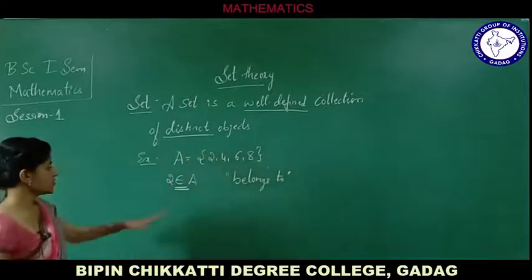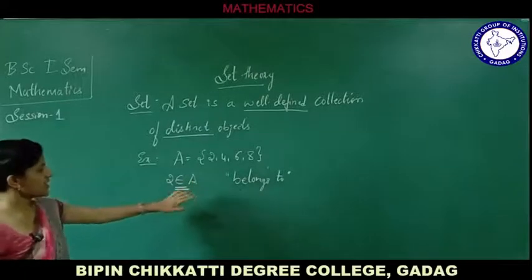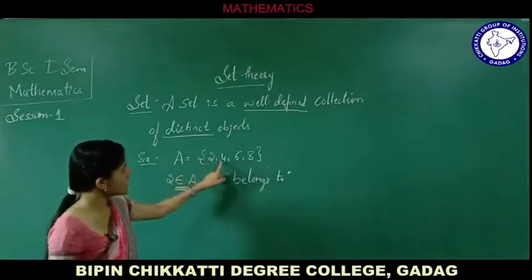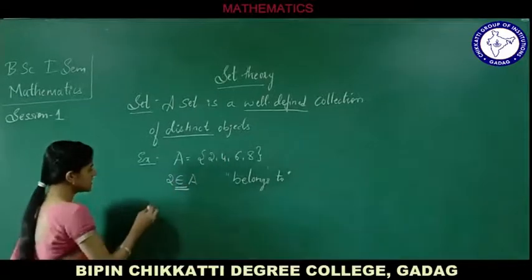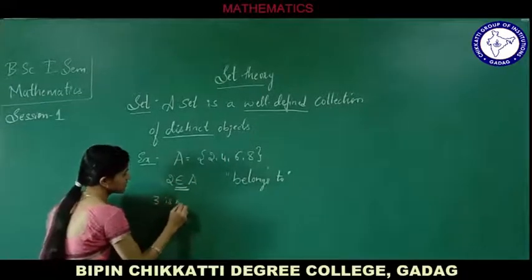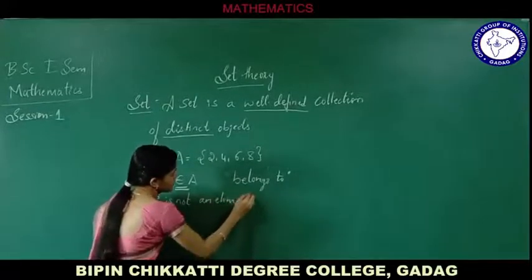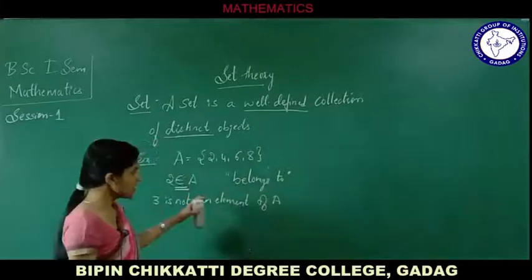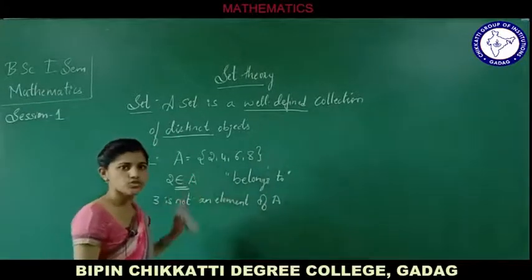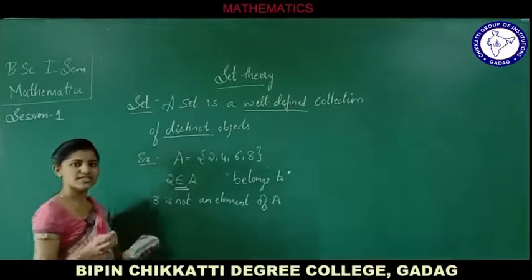How are we going to use this symbol? This symbol is read as belongs to. The same way, I do not have an element called 3 here. So, 3 is not an element of A. 3 is not an element of A means 3 does not belong to A. So how are we going to represent it symbolically?